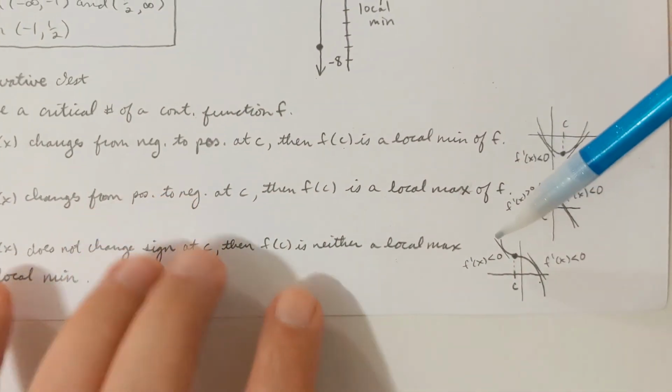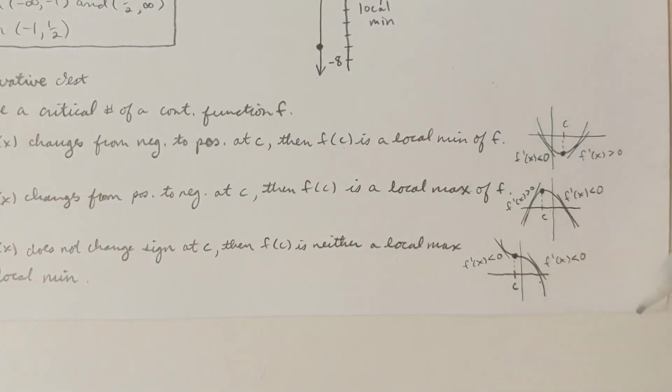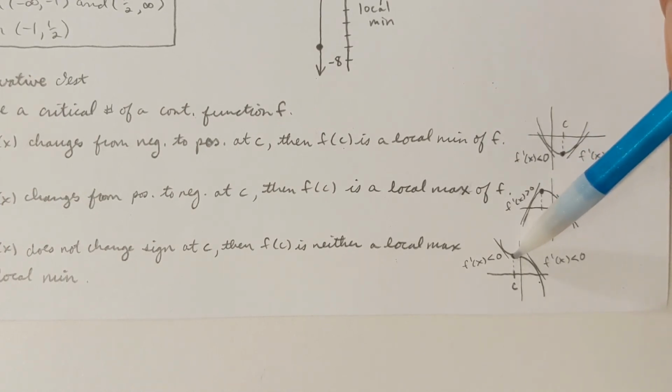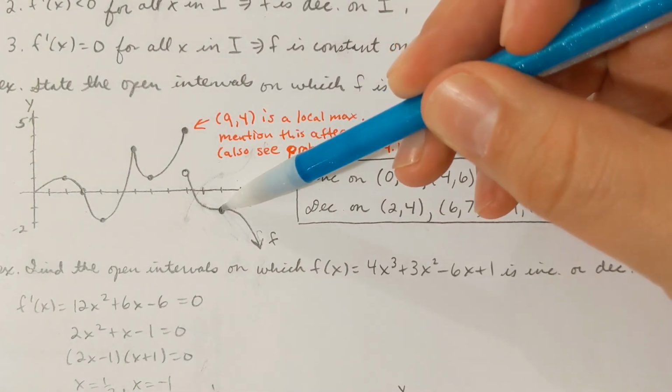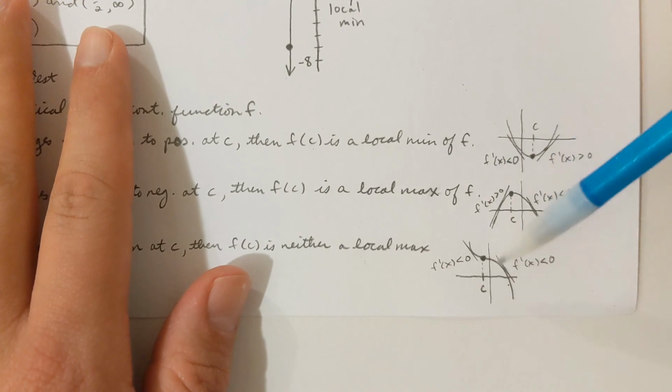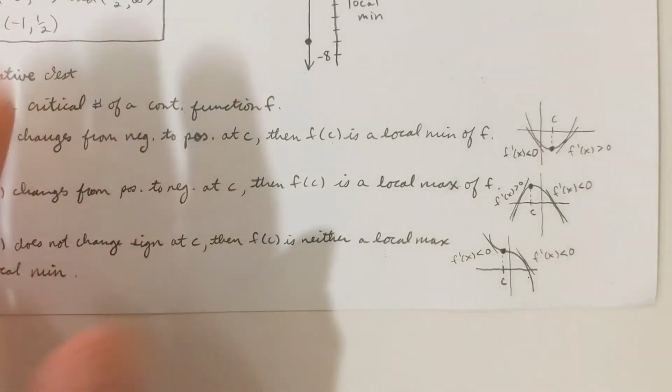So if I go from decreasing to decreasing, this point here is not a local max or a local min. It's still a key point on the graph, just like up here. There's something interesting with the curve. It is like a little squiggle thing, but it's not producing a min or a max.